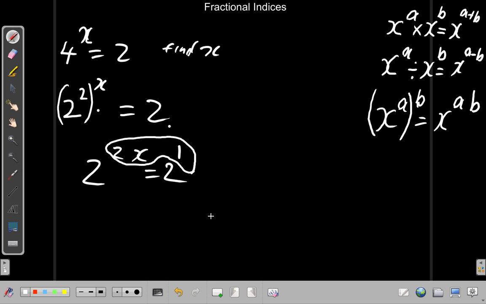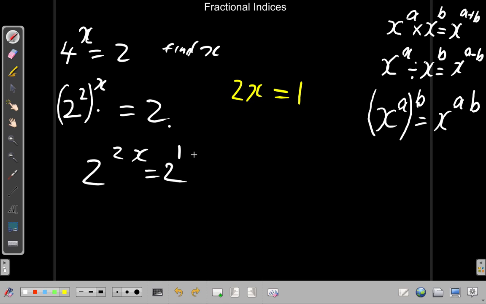You cannot have 2 to a number equal to 2 to a different number.